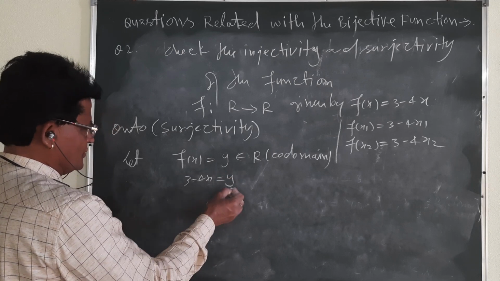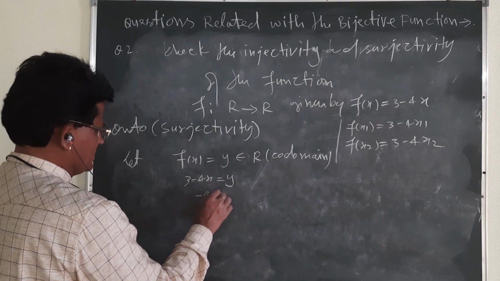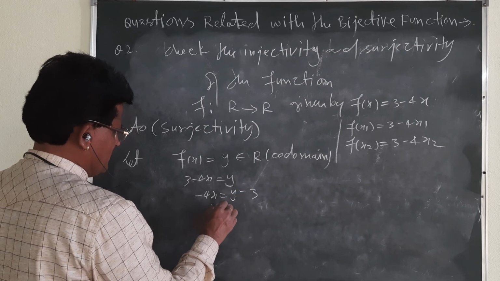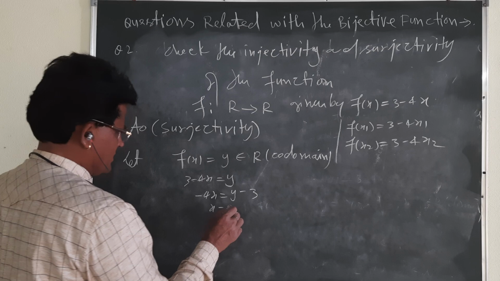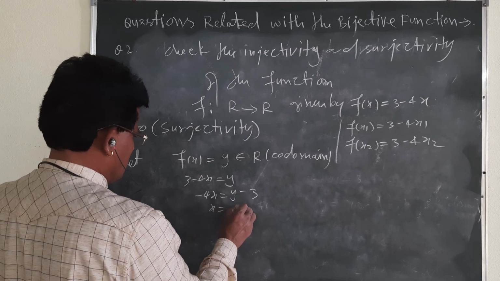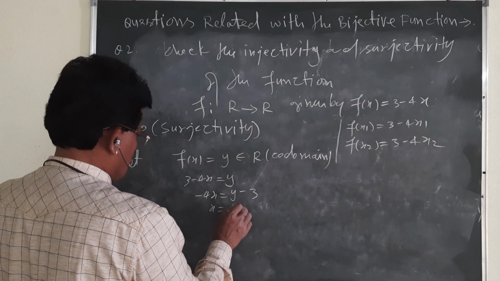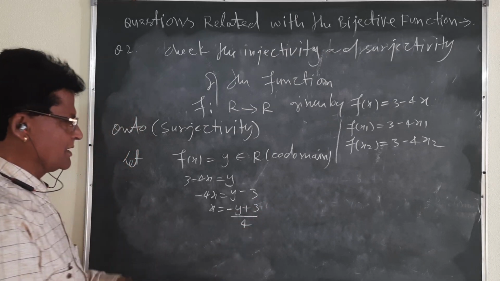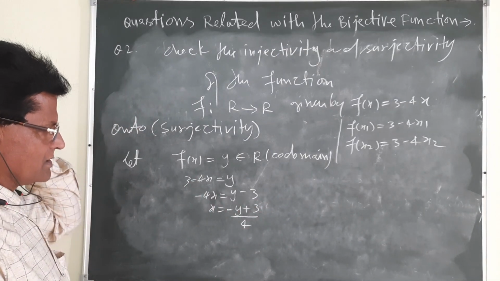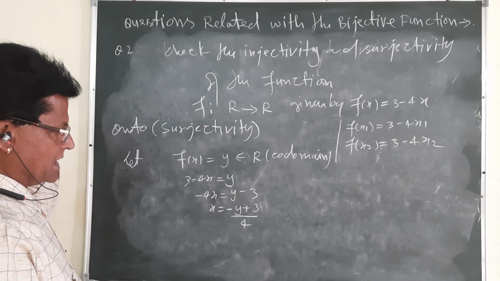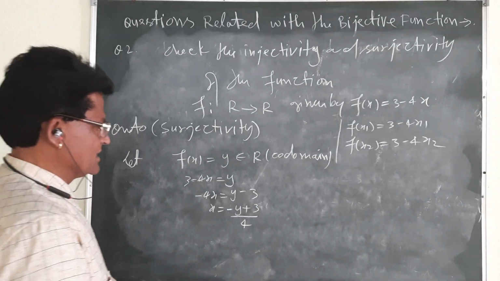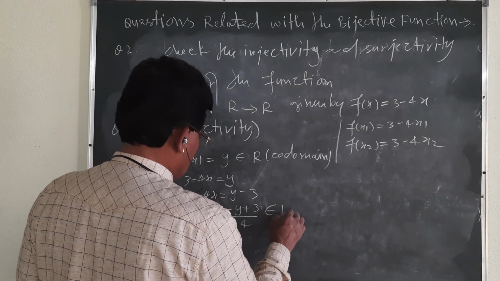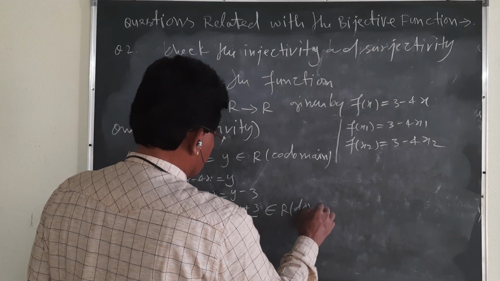And you see, minus 4x will be equal to y minus 3, or x will be equal to minus (y minus 3) over 4, because I multiplied all sides by the negative sign. It will belong to R. What is R? Domain.